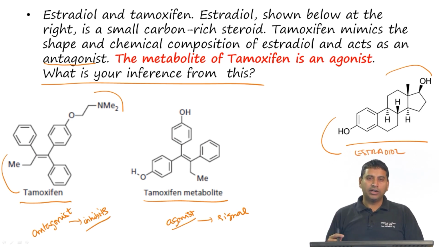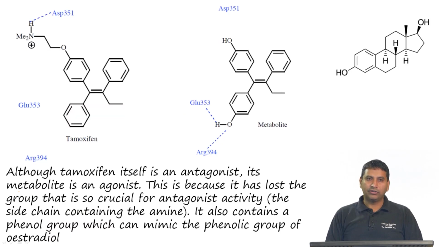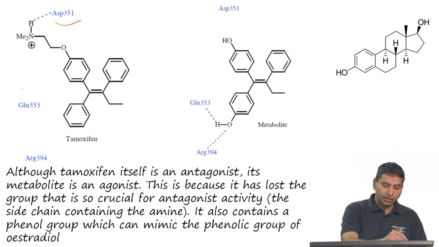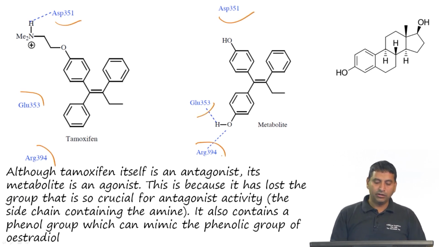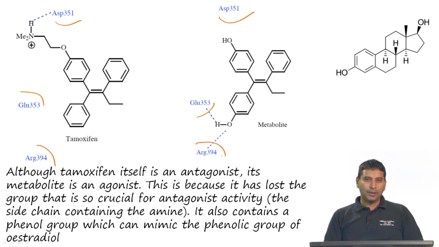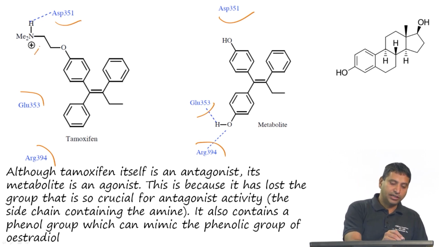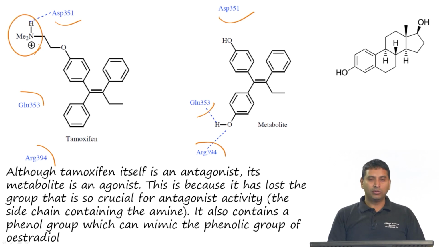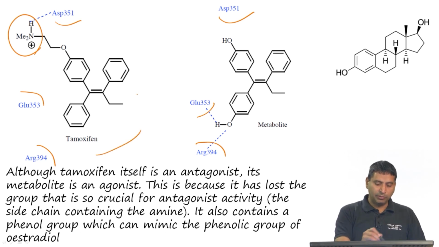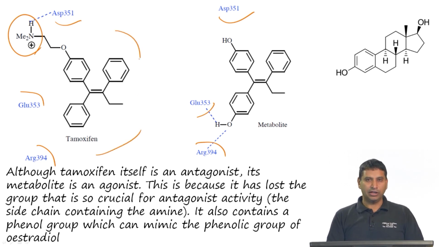To look at it somewhat at a molecular level, let us look at this picture over here. It is known that these residues, aspartate, glutamate and arginine, are important in binding to the natural substrate. And so, what happens in the case of tamoxifen is that this dimethyl amino functional group, which is protonated, binds to or weakly interacts with aspartate, and the rest of the molecule mimics the shape and size of estradiol.